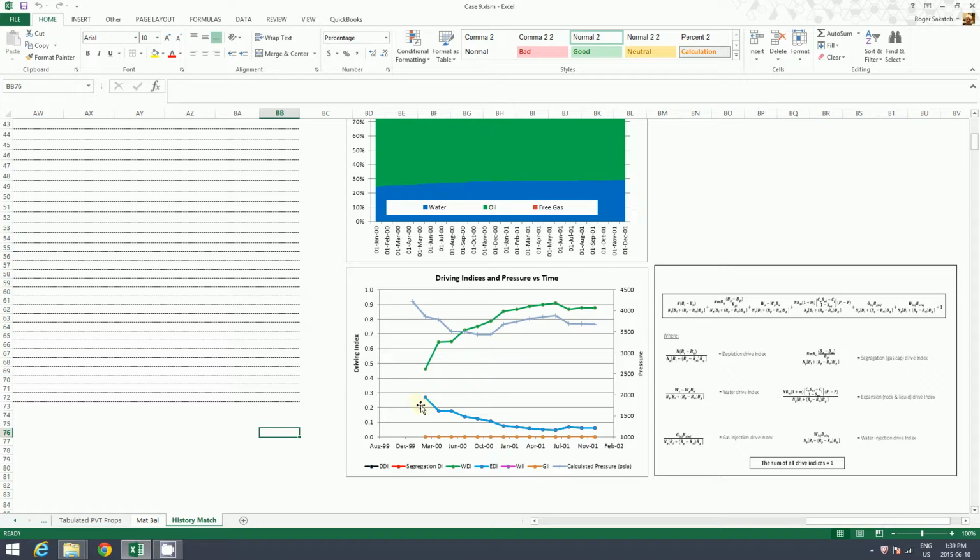So you can see a portion of this oil is being driven towards the wellbores due to the expansion of the rock and the liquid, but largely the oil is being driven towards the wellbores by the water drive. The pressure is being maintained to this level due to the fact that we do have that aquifer in place, and it is the primary mechanism by which this pressure is being supported.